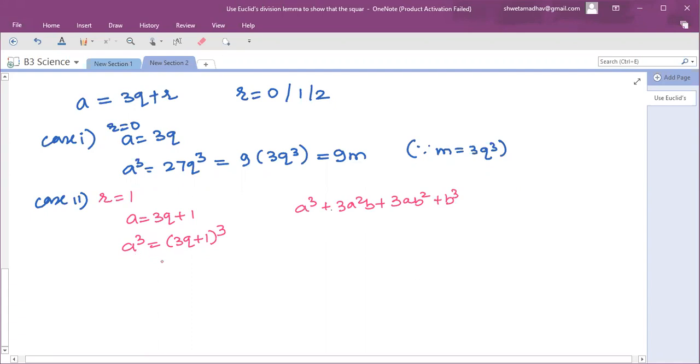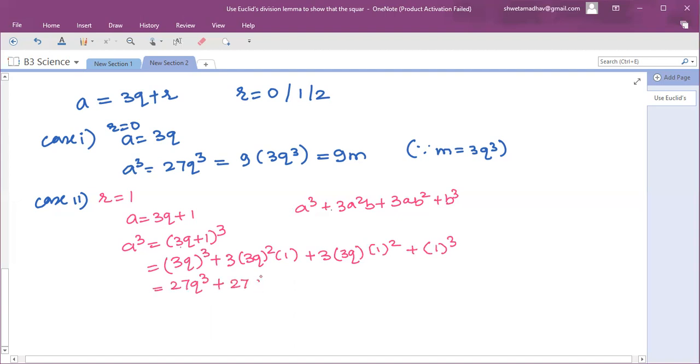So now here 3q whole cube plus 3a square b plus 3ab square plus b cube. This is equal to 27q cube plus 3 square is 9, 9 threes are 27q square plus 9q plus 1.